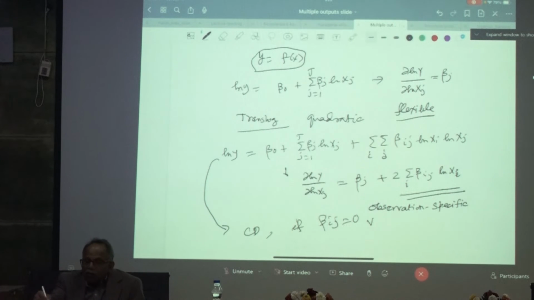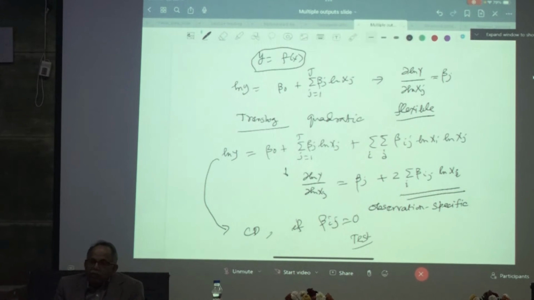So again, there is nothing wrong in assuming something that is more flexible, because you can say that, well, look, if you don't like it, I can restrict it and make it Cobb-Douglas, or you can test econometrically whether beta ij is equal to 0. So you run a function with Cobb-Douglas, run another function with a translog, and then see the difference.